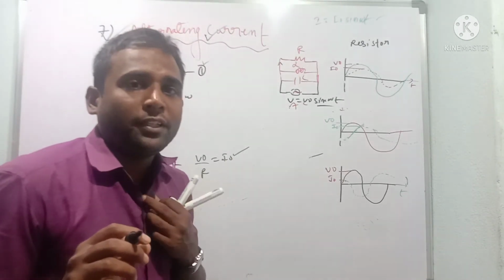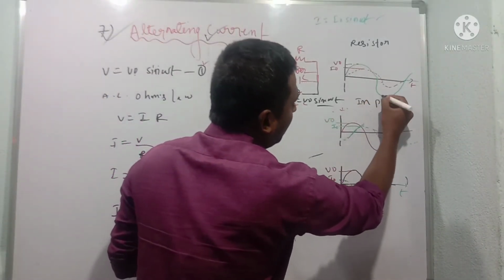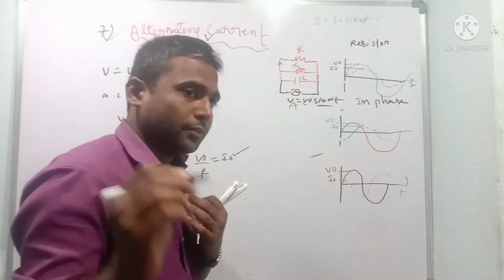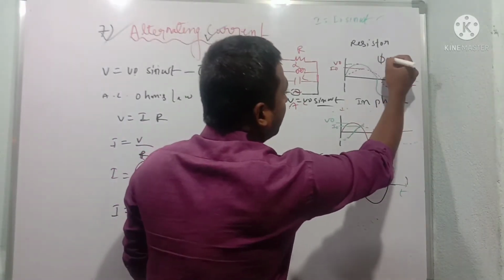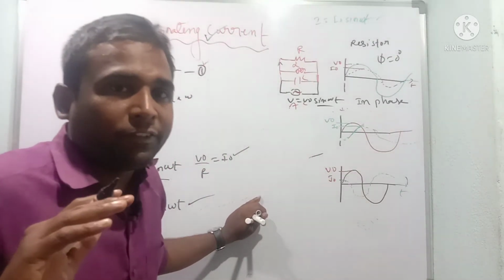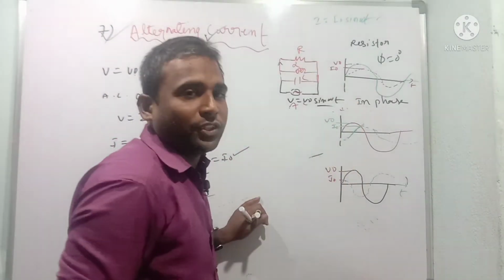So when there is no phase difference, it will be in phase. So the phase difference is equal to 0. There is no phase difference between the current and voltage when we pass voltage through the resistor.